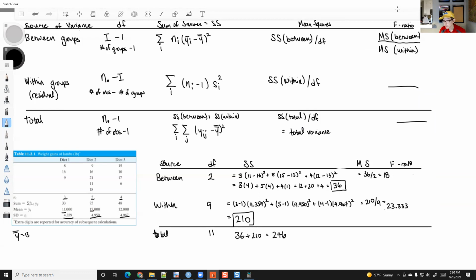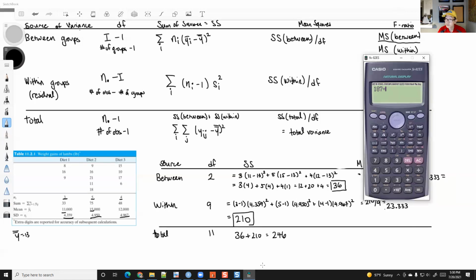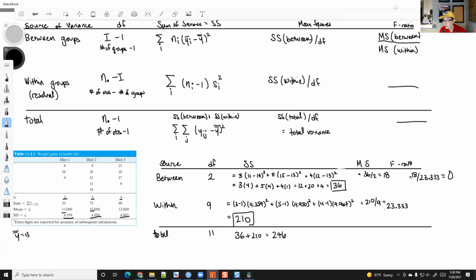Then my F ratio is going to be 18 divided by 23.333. It's the mean squares between divided by mean squares within. So my F ratio is 0.771. That's my F ratio.